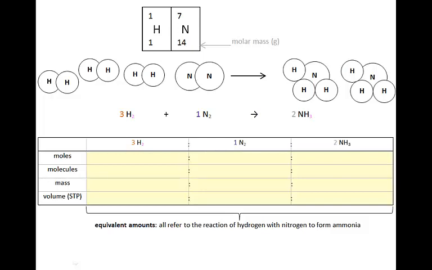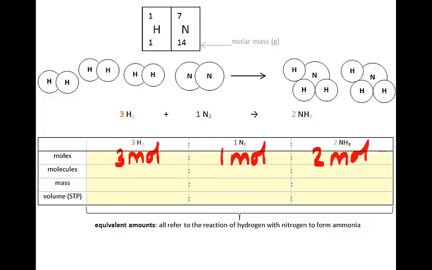We now give the reacting ratio. We're going to give it in many forms. When you're answering a question, you actually only need to give the reacting ratio in the one form that's useful for your question. But let's say maybe you don't know that right now, so let's just work it out for many forms. 3 moles of hydrogen is to 1 mole of nitrogen is to 2 moles of ammonia.